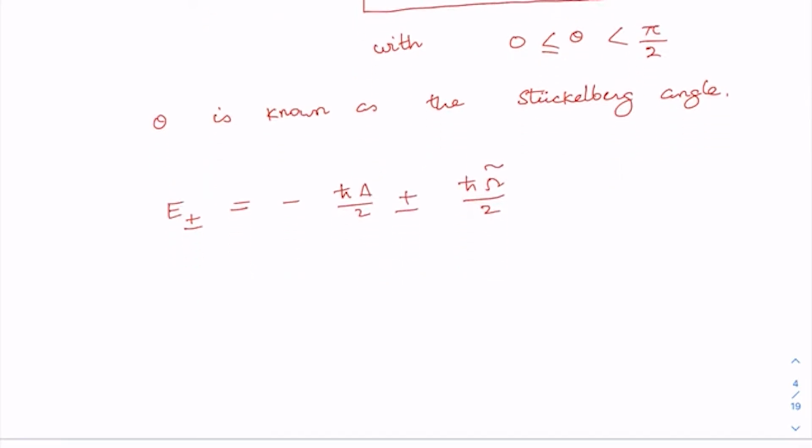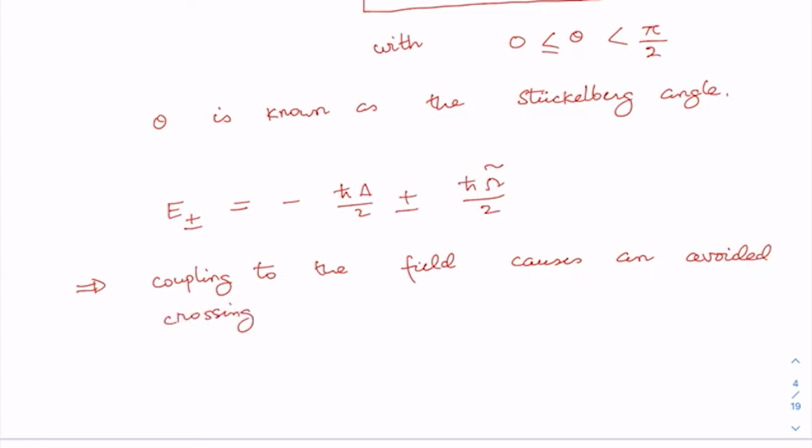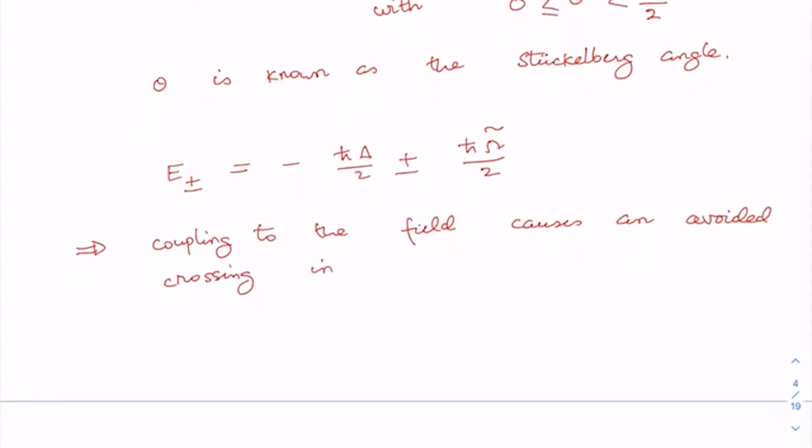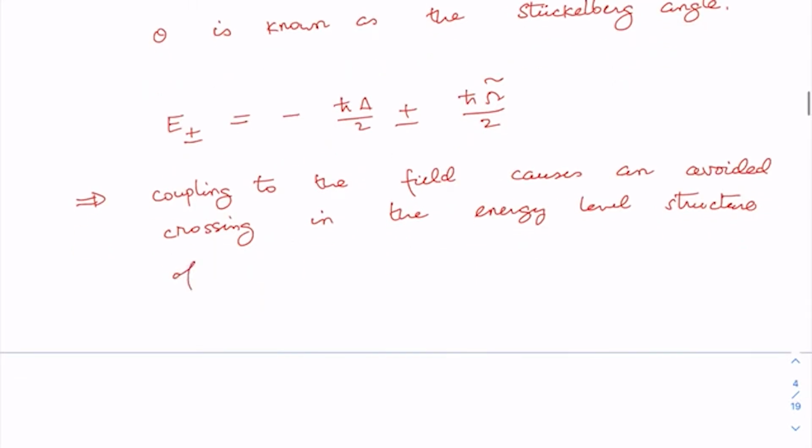This actually implies that coupling to the field causes an avoided crossing in the energy level structure of the atom. If you're not getting it, let me show it a little bit more clearly.